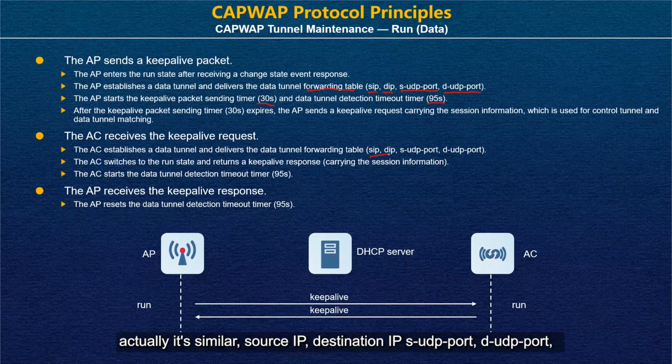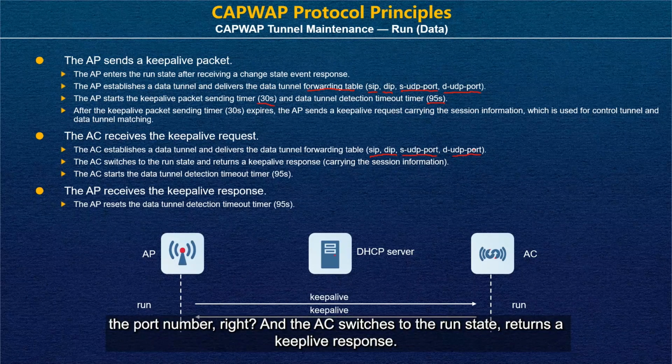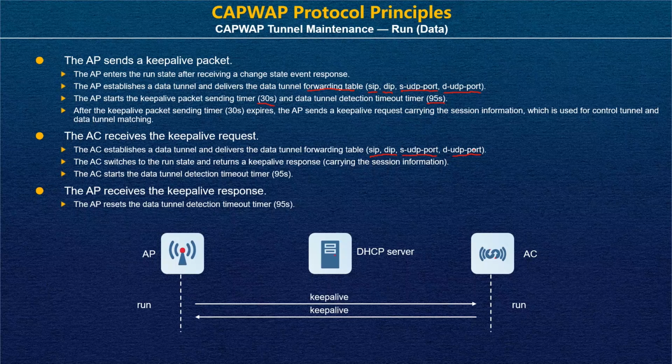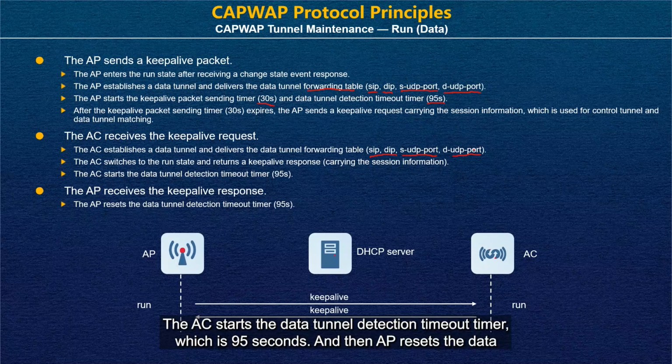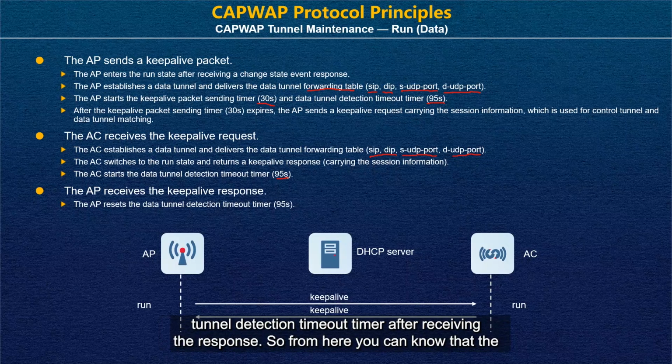It's actually similar: source IP, destination IP, source UDP port, destination UDP port, the port number, right? And the AC switches to the run state and returns a keep alive response. The AC starts the data terminal detection timeout timer, which is 95 seconds. And then AP resets the data terminal detection timeout timer after receiving the response.